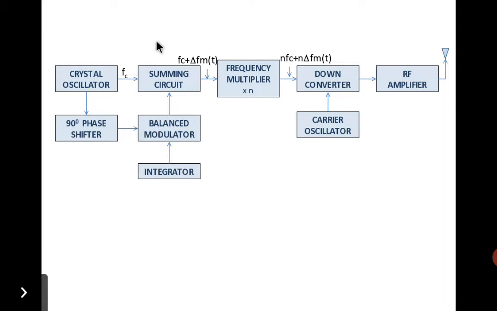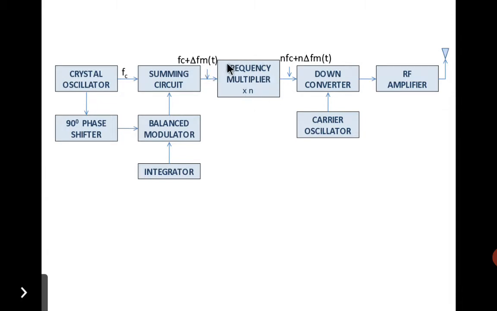So in this block diagram, once again we will see the block diagram. We have a crystal oscillator. The output of the crystal oscillator will be Fc, which is equal to EC cos omega ct. The frequency output is Fc. This block represents a phase modulator. The output of the summing circuit gives a frequency modulated output, which is a low frequency carrier. From this low frequency carrier, to obtain the required frequency, we have to use a series of frequency multipliers.